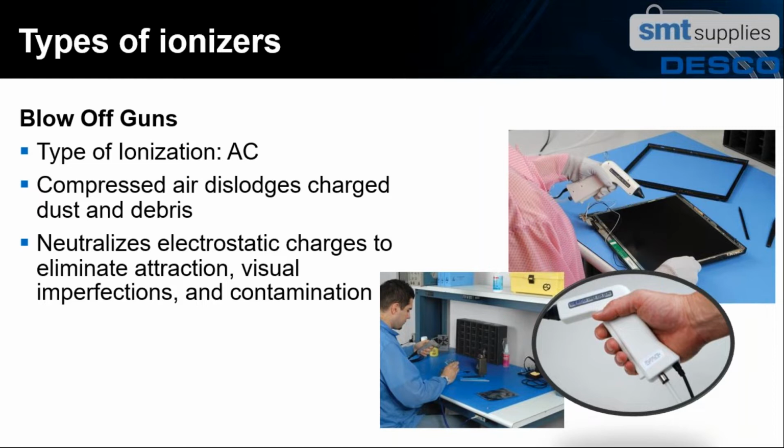So each emitter pin produces both positive and negative ions, and it's used generally to dislodge charged dust and debris off of boards, off of anything. That's to eliminate further attraction of dust and debris, visual imperfections on whatever the product is, and any general contamination.